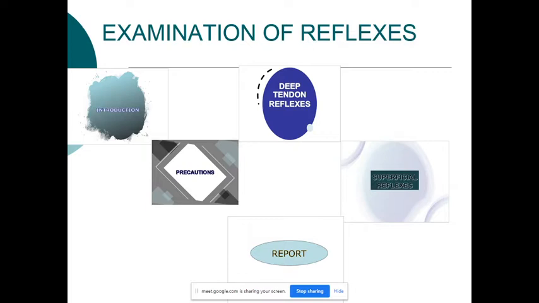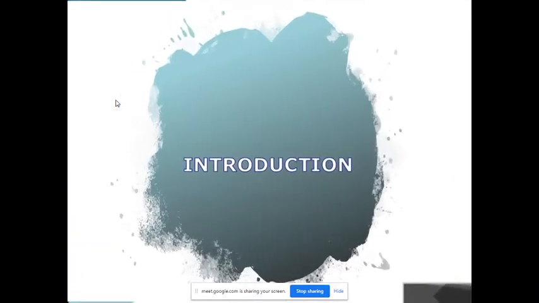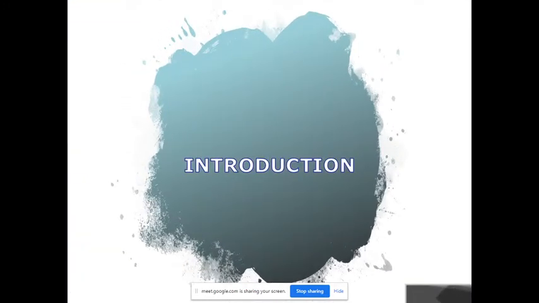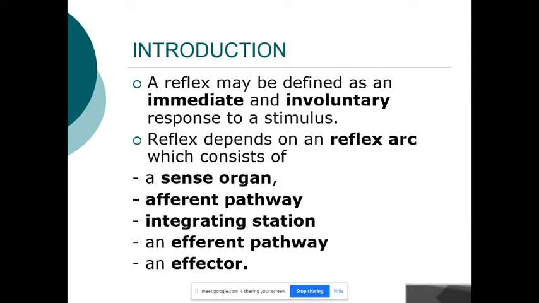Okay, so in today's practical class, we are going to learn how to examine the reflexes. I think in the theory part we have already learned a lot about reflexes. So what is a reflex? A reflex may be defined as an immediate or involuntary response to a stimulus.